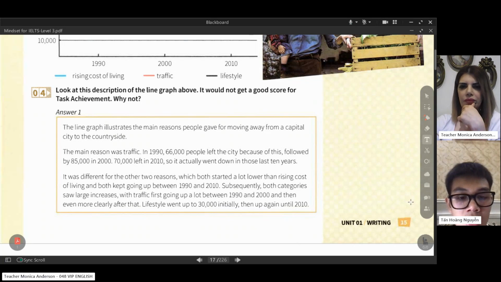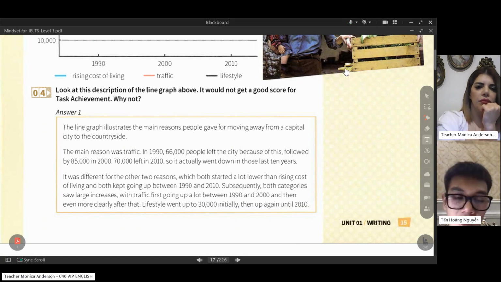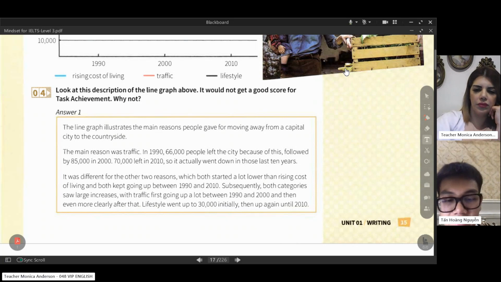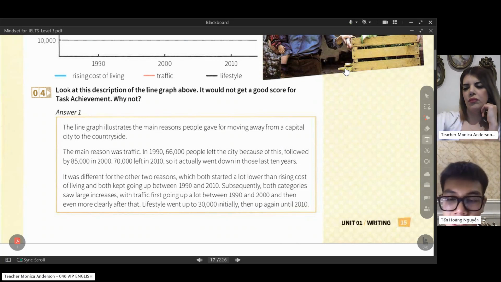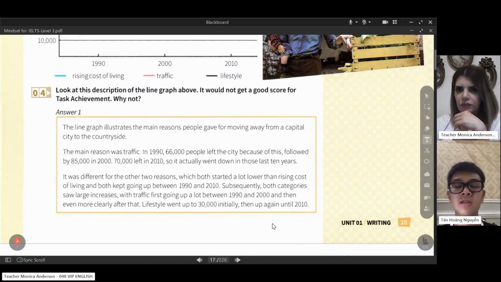It was different for the other two reasons, which both started a lot lower than rising cost of living and kept going up between 1990 and 2010. Subsequently, both categories saw large increases, with traffic first going up a lot between 1990 and 2000, and then even more clearly after that. Lifestyle went up to 330,000 initially, then up again until 2010.